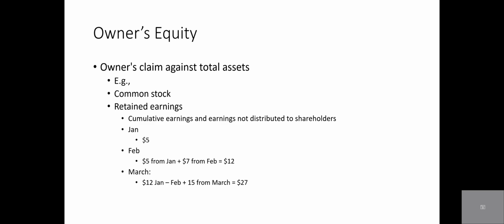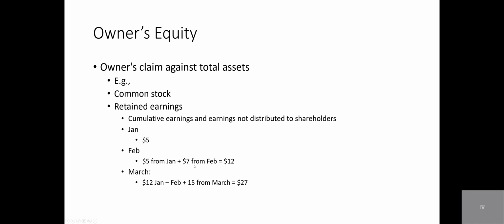So what is retained earnings? Retained earnings are all the cumulative earnings that are not distributed to shareholders, and they stay with the company. For example, in January, the company has retained earnings of $5. In February, we have the $5 from January, and then in February we make $7 in retained earnings.